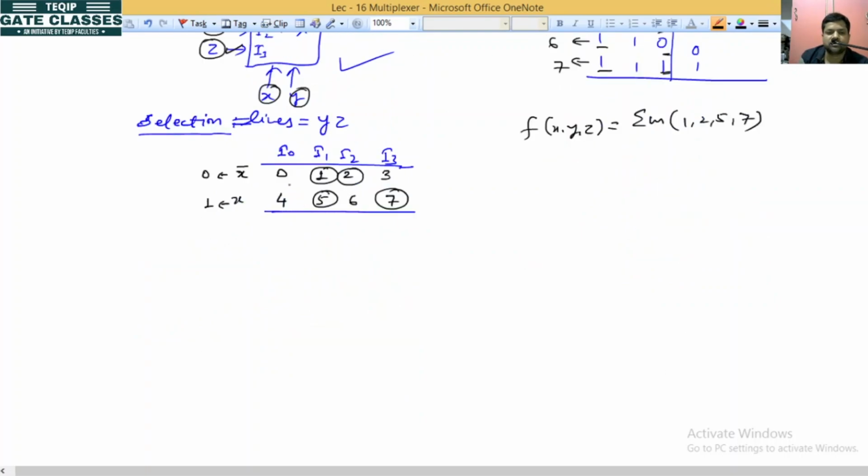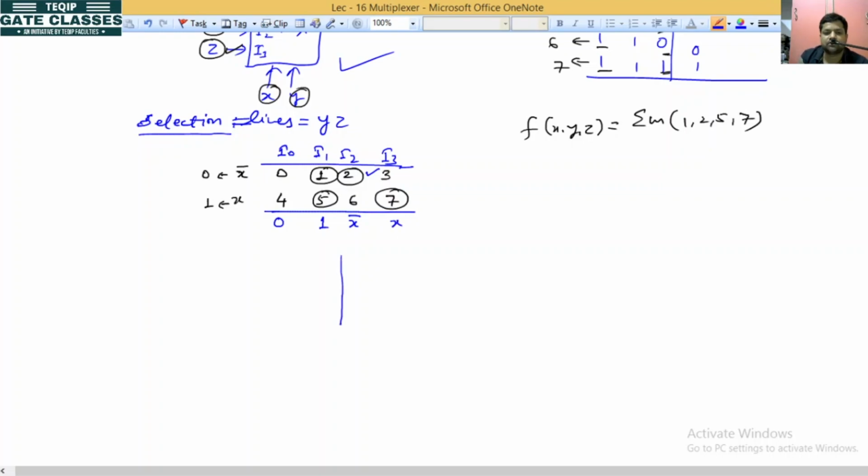Now from here what do we get? For I0, nothing is circled, so write 0. If both are circled, then write 1. So for I1 both are circled, so write 1. For I2 only one circle is there, so write the corresponding x value, that is x bar. For I3, write the corresponding value, that is x.